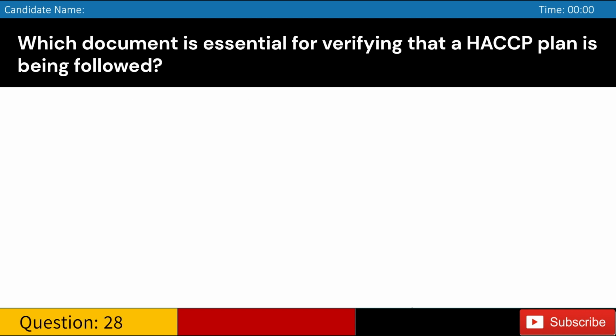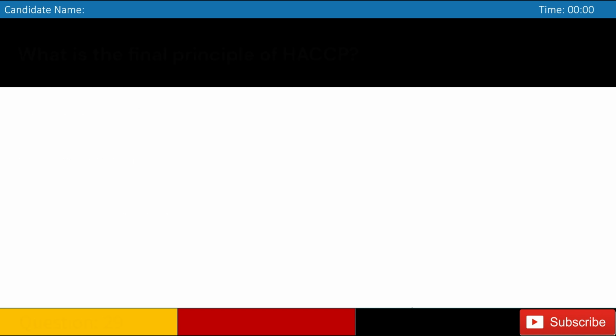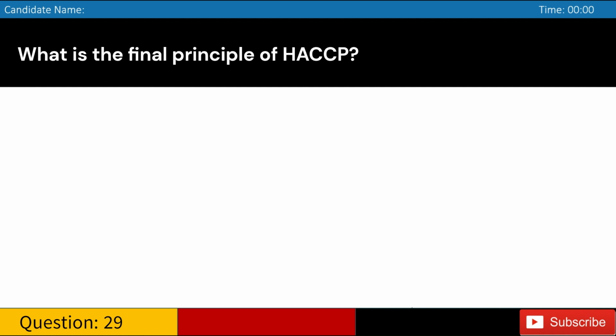Which document is essential for verifying that a HACCP plan is being followed? A. Training records. B. Payroll records. C. Employee shift schedules. D. CCP monitoring logs. Answer D. CCP monitoring logs. What is the final principle of HACCP? A. Conduct a hazard analysis. B. Verify the system.